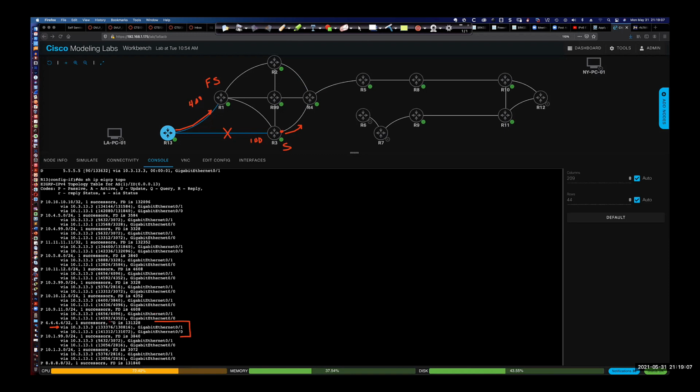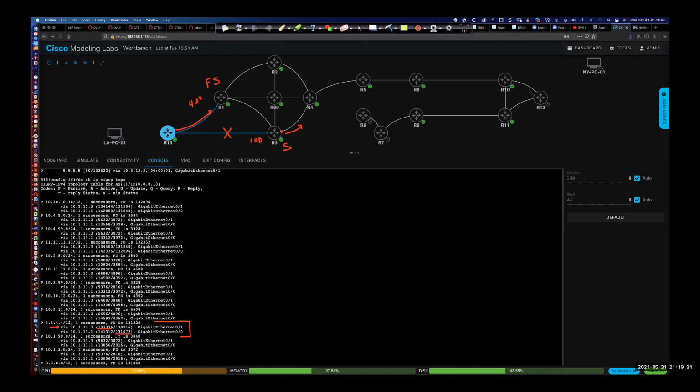So the feasibility condition states that if the reported distance, or I'm sorry, if the feasible distance or the computed distance of the current successor, and I think I'm saying that backwards. Let me check myself here.